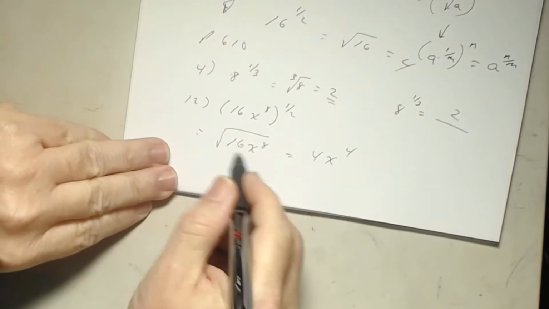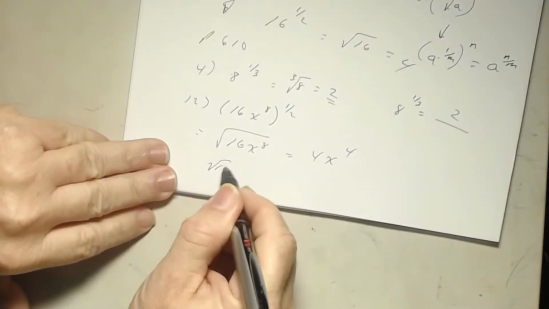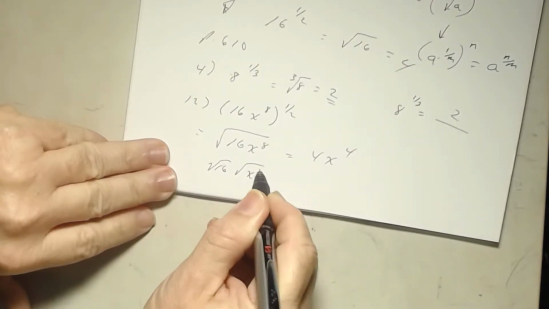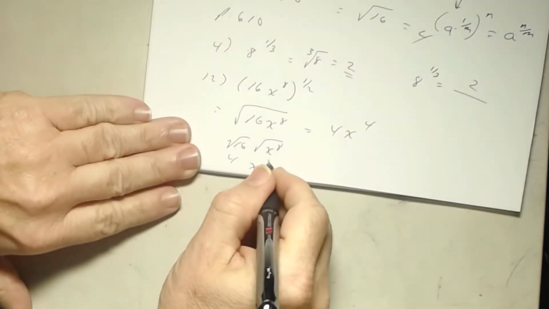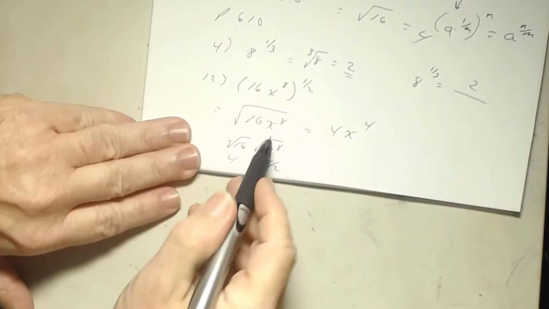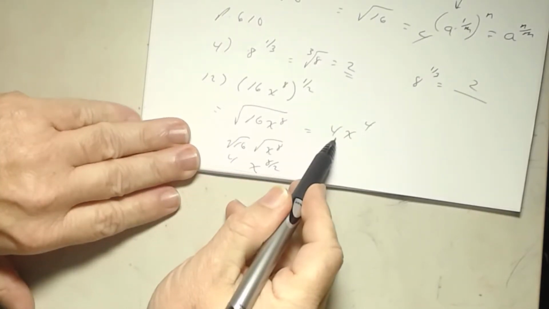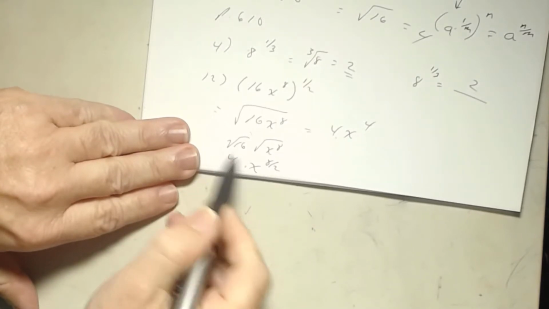Got to remember this right here. If you have to go further, remember that's the square root of 16 times the square root of x to the 8, right? Square root of 16 is 4. This right here, based on what we just talked about, isn't that the same thing as 8 divided by 2? All right. So if you could not go from here to here, then you need to do this part.